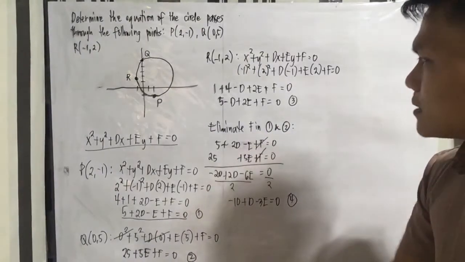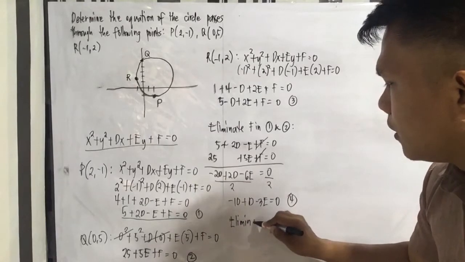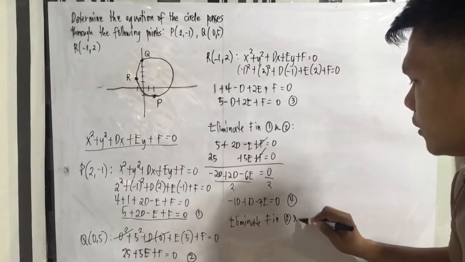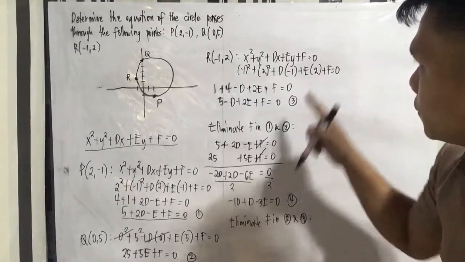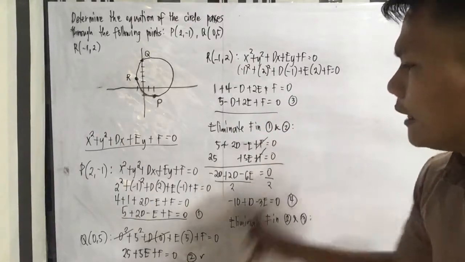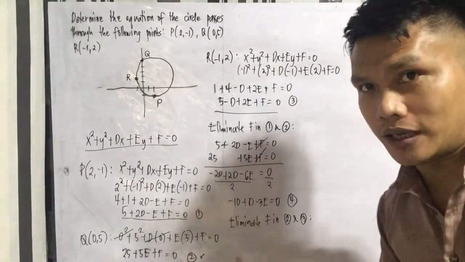Okay? Next, let us eliminate f pa din in equation 2 and equation 3. Yung equation 2 natin at saka itong ating equation 3, tanggalin natin yung f, para ang matitira na lang dyan ay d at saka yung e.